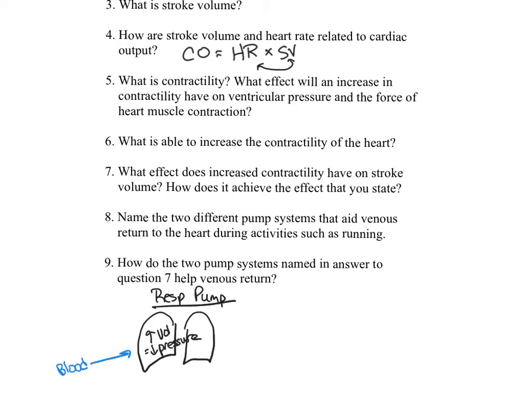So when you increase that thoracic volume, you're decreasing the pressure. When you're making the volume of your thoracic cavity greater, that actually decreases the pressure that's in the thoracic cavity.